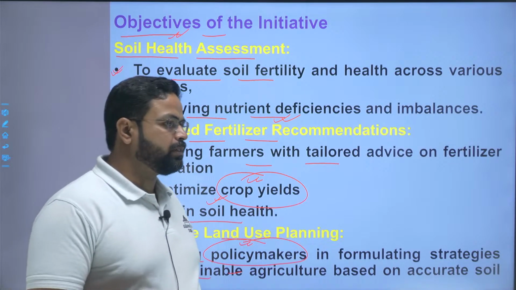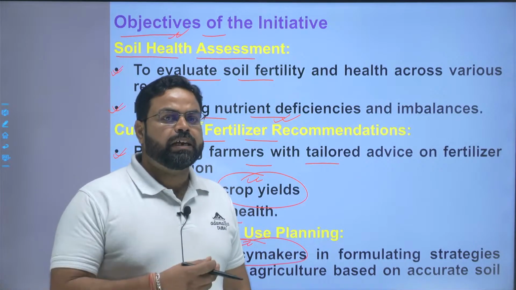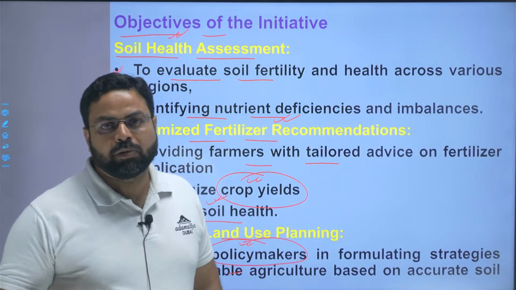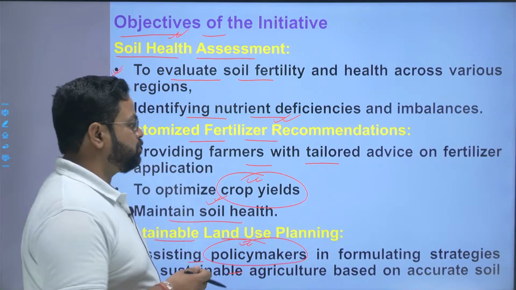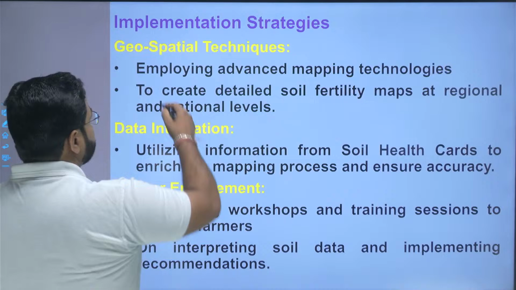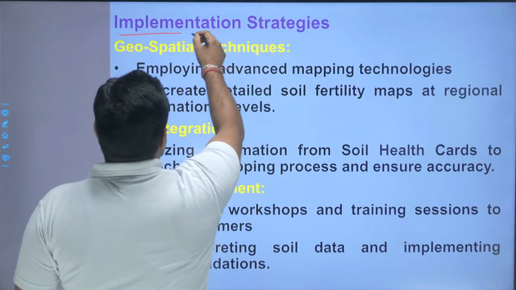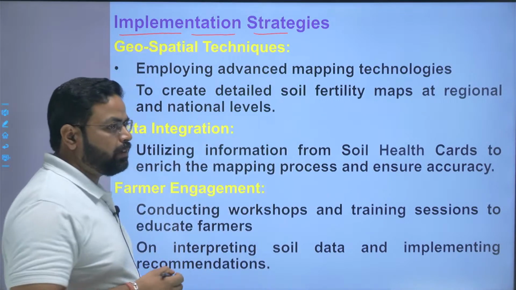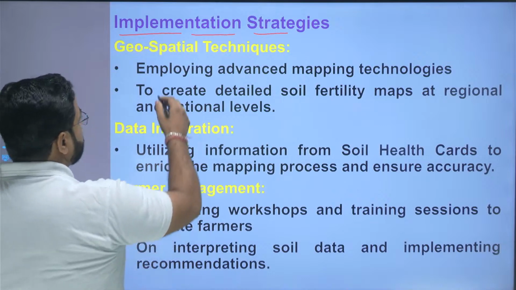All these things will be done scientifically and in a better informed way by the policy makers to handle the situation. So how will this implementation be done, how will the strategy be implemented?